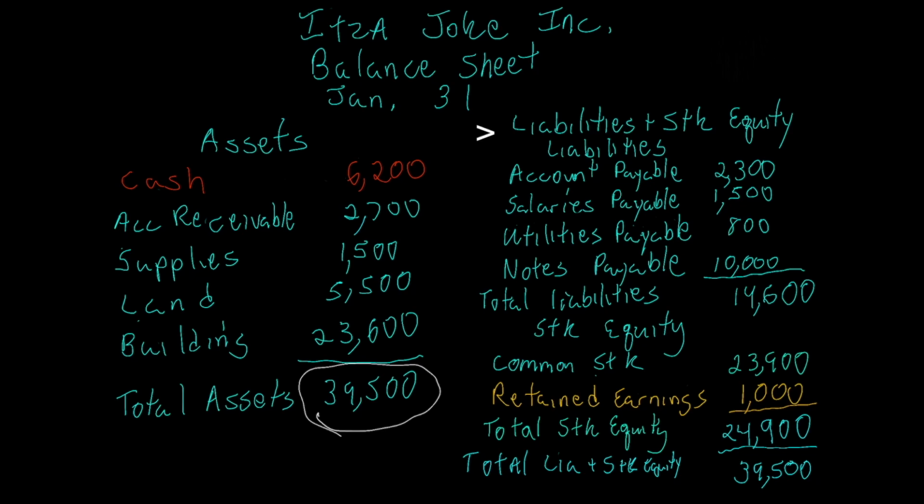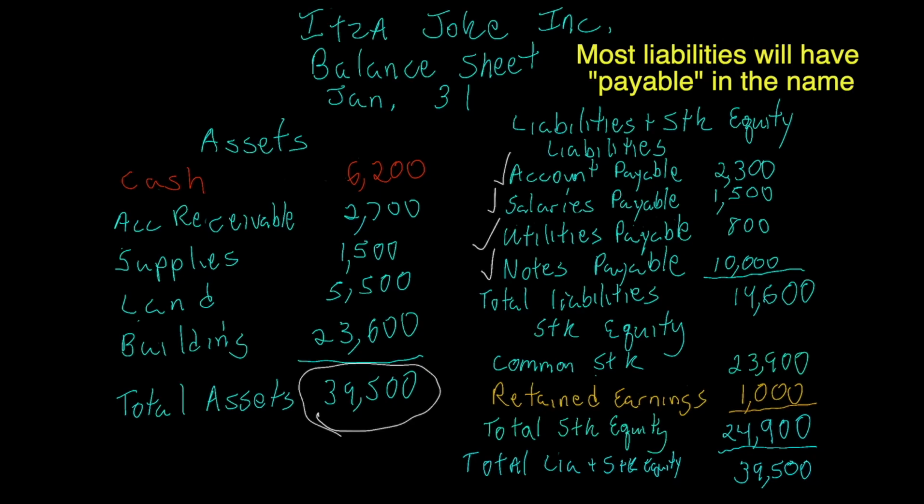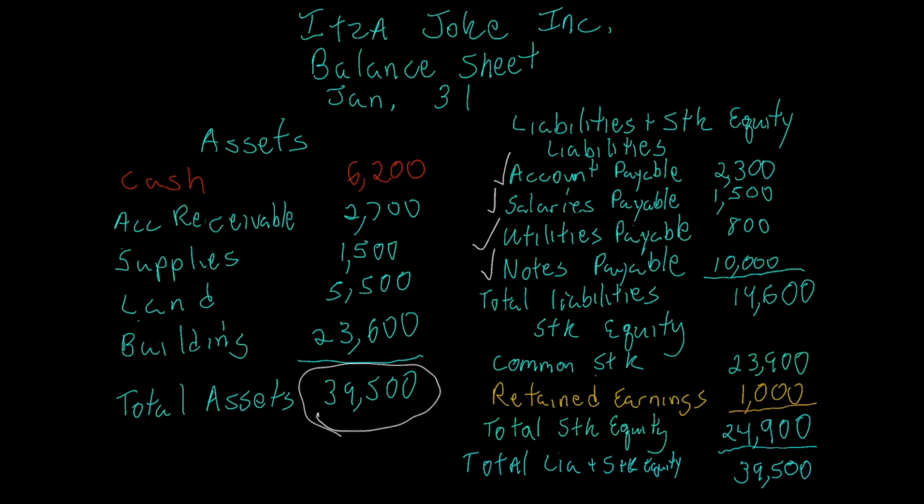So we separate and report our liabilities. As you can see, we have several types of liabilities: accounts payable, salaries payable, utilities payable, notes payable. Remember, gang, I told you 90% of the liabilities' last name will be a what? Payable. So definitely pay attention to that. So we have total liabilities of $14,600.